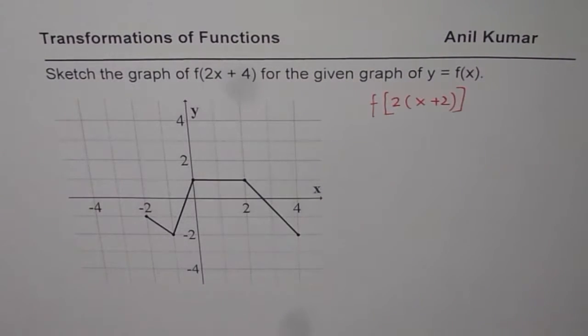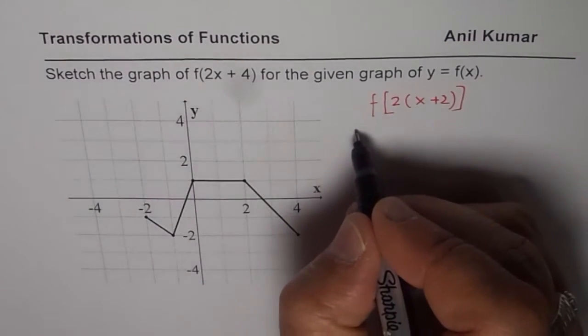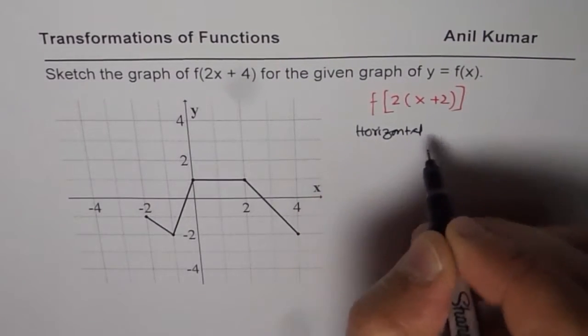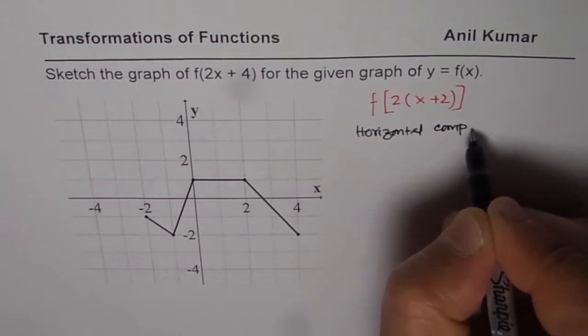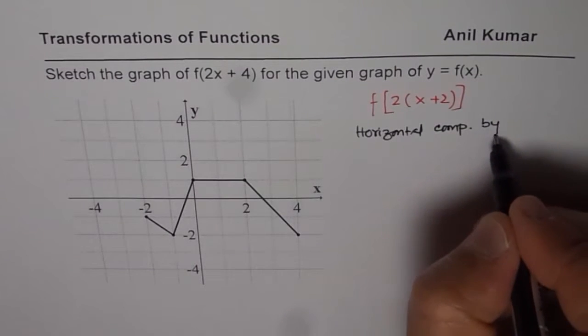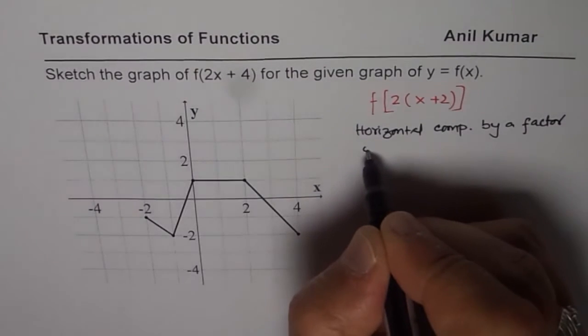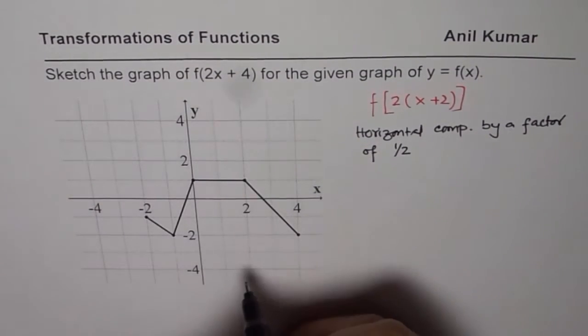So let me describe the transformation here. It is a horizontal compression by a factor of half, right? That is the first transformation.